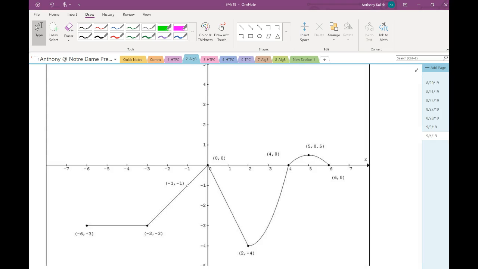Okay. So what I want to do is start by talking about the domain. The domain is all about the x-axis. So I'm basically going to look at the start and end of my function, and I'm just going to capture that part of the x-axis. Is everybody okay with that?